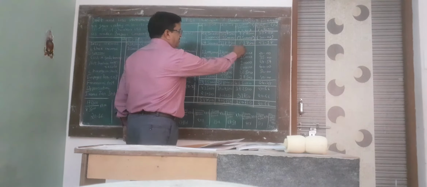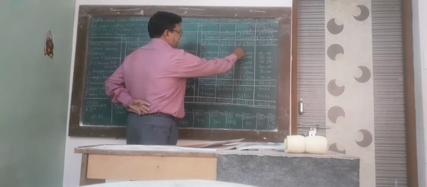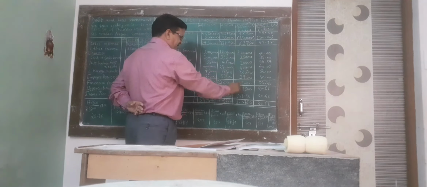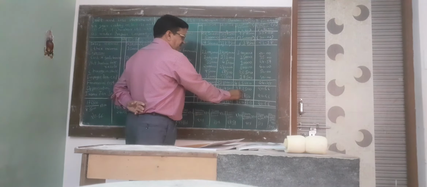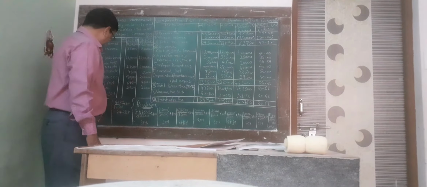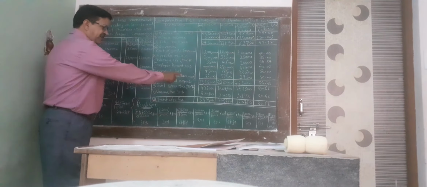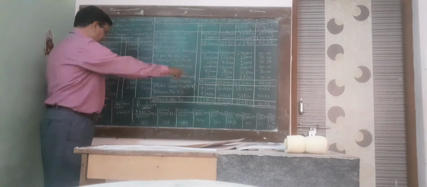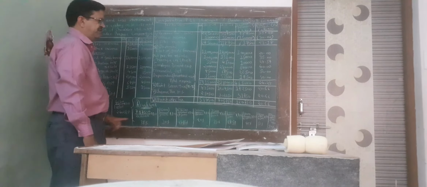So now 6,37,500 minus 4,65,000 is equal to the increase in profit of 1,72,500. Now percentage: 1,72,500 divided by 8,35,000 into 100 is equal to 20.66%.